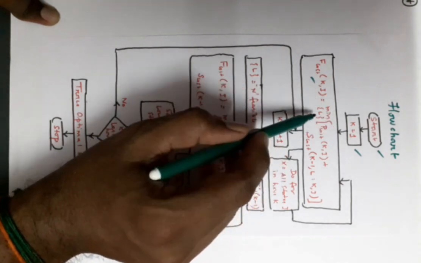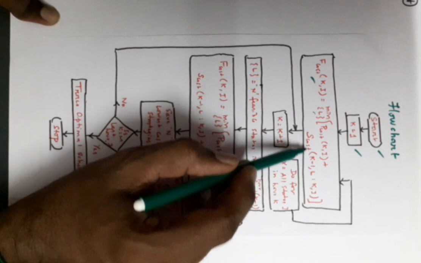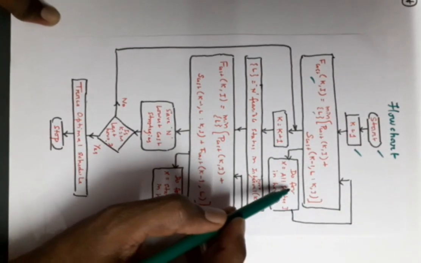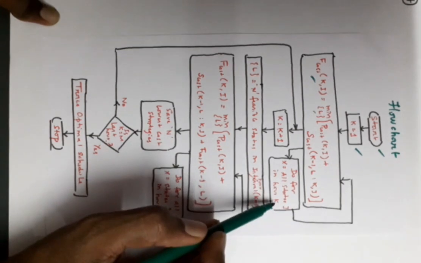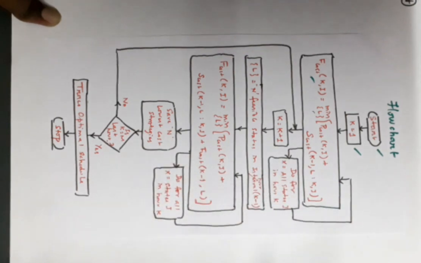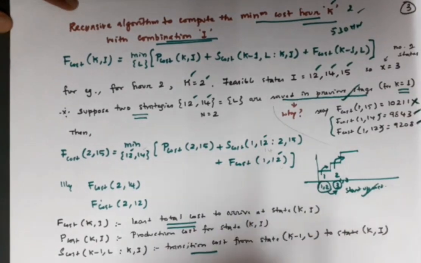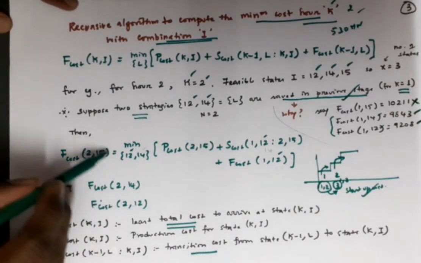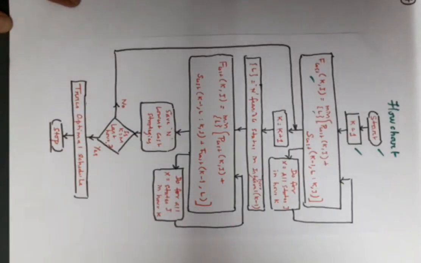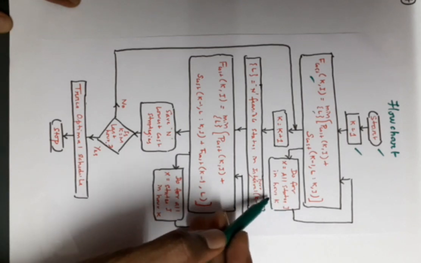Then for L, the previous state you can take, you find the production cost of k comma I plus the transition cost of k minus 1 comma L to k comma I. You should do this for all states I in Rk. As you have seen in the previous slide, you have to do this for all the feasible states, 14, 15, 12 and so on.